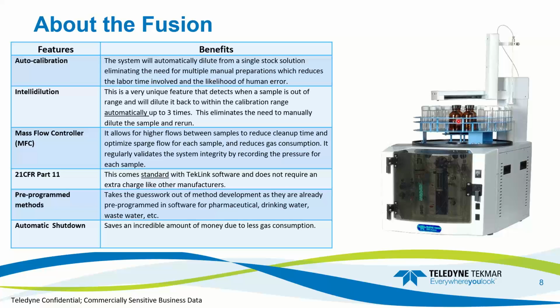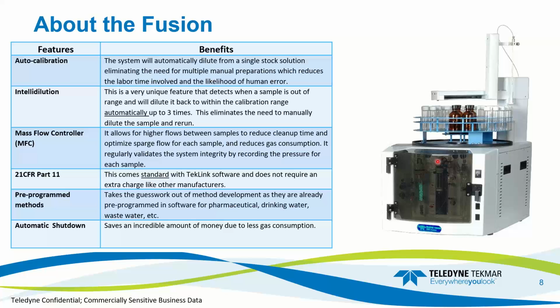Those are actually where we have our standards or our check standards. The system will automatically dilute those from a single stock solution, eliminating the need for manual preparation, which also reduces time and also reduces the likelihood of human error. That's all possible due to the syringe that we have here that we can do dilutions on the system.